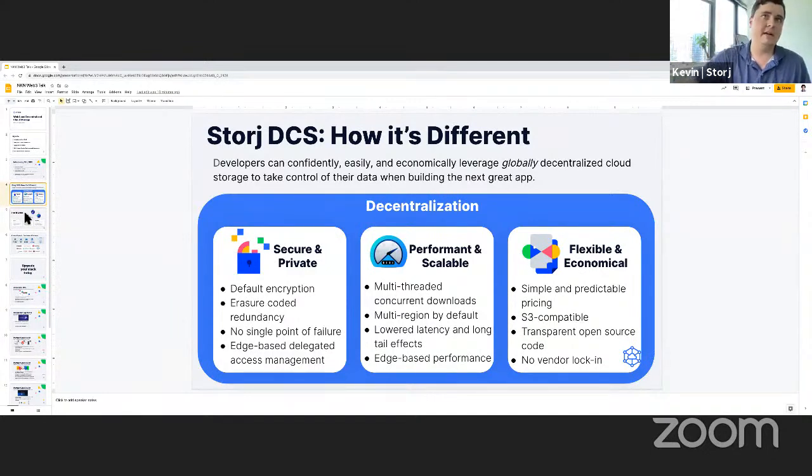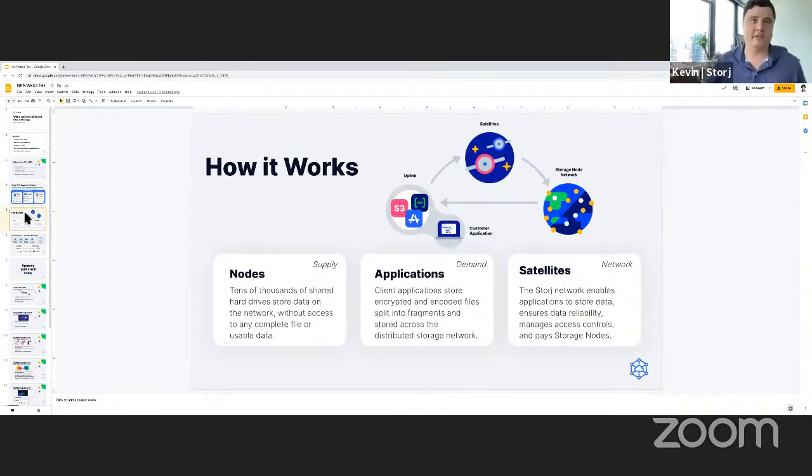And so the way that it works, there's a network of nodes. So we have tens of thousands of nodes spread across the globe that are sharing excess storage capacity and also excess bandwidth capacity. And we're using that to create the foundation for this distributed storage network. It's important to note that cloud data centers maybe have like 6 data centers in the US, like 50 across the country. CDNs are an order of magnitude larger.